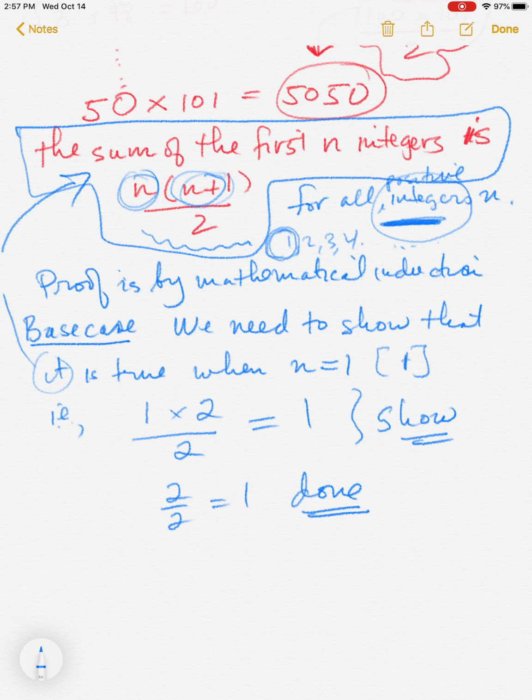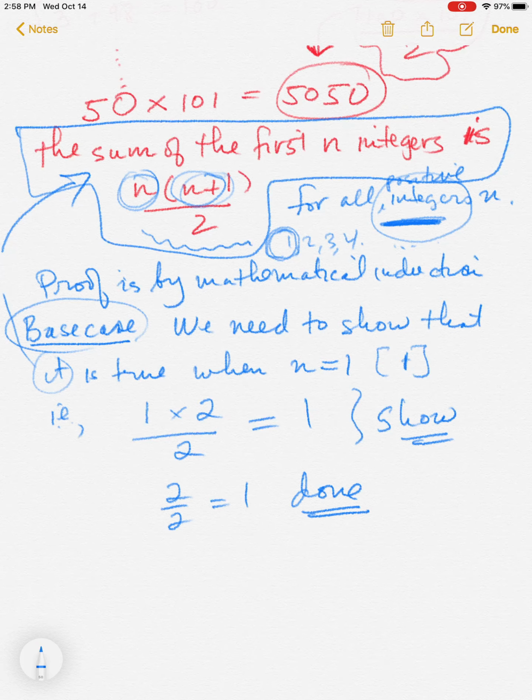Right? So when n equals 1, it's pretty clear that n times n plus 1 over 2 is the sum of the first 1 integers. It's only 1. Okay, so in this case, the base case was not difficult at all. And that's often the case with the base case of a proof by mathematical induction.